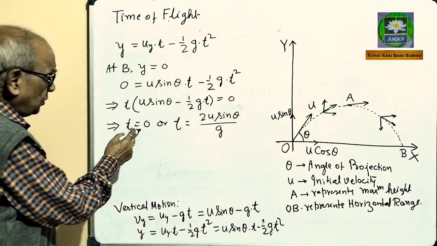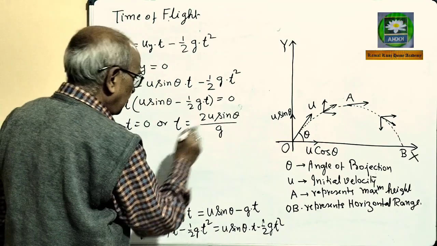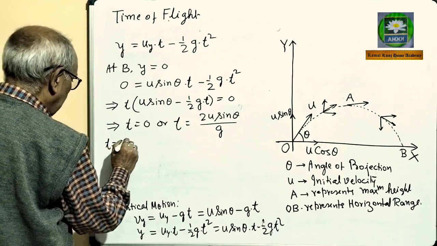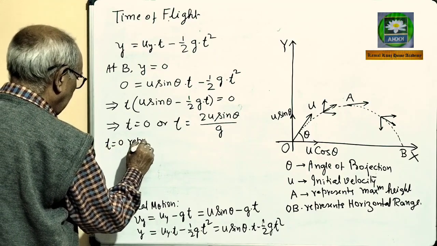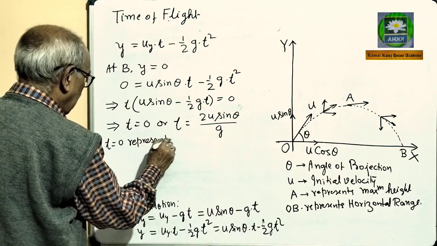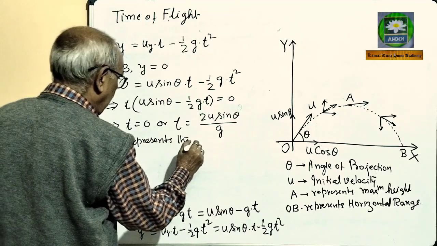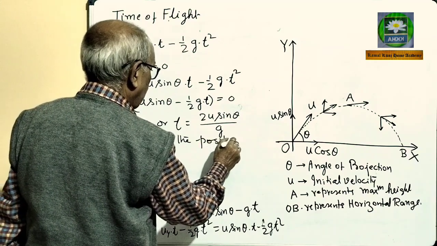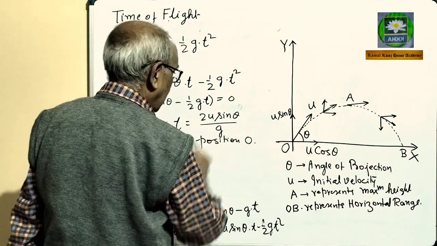So t equal to 0 represents the position O, that is the origin.